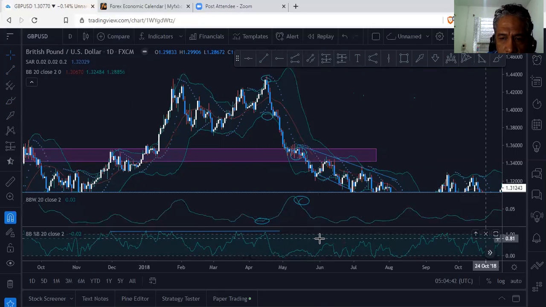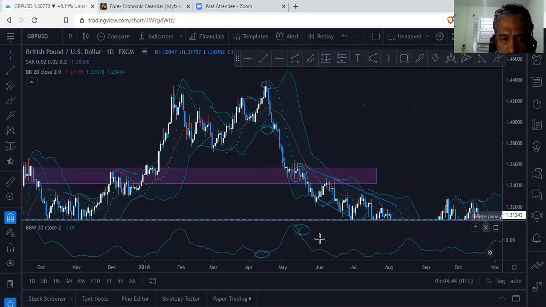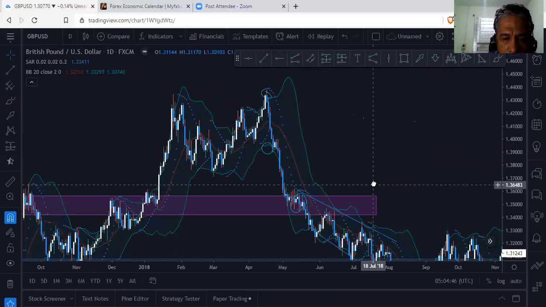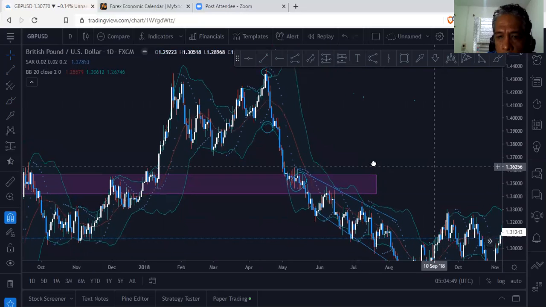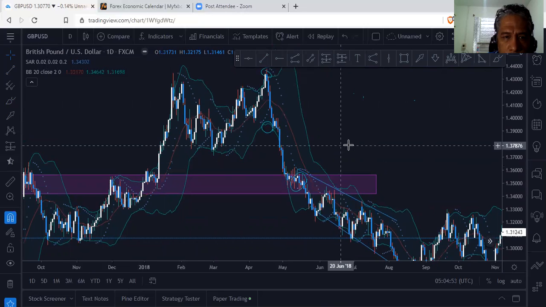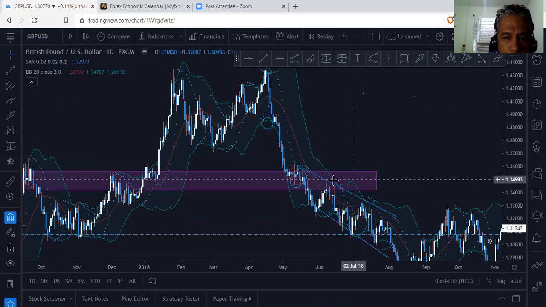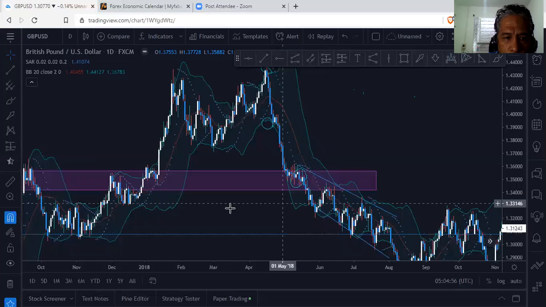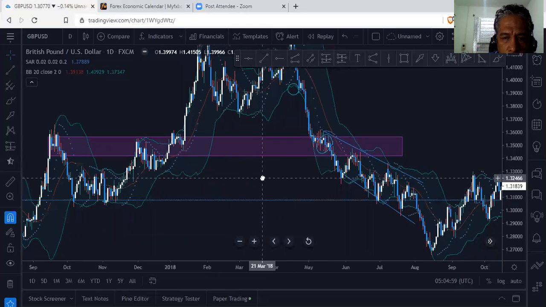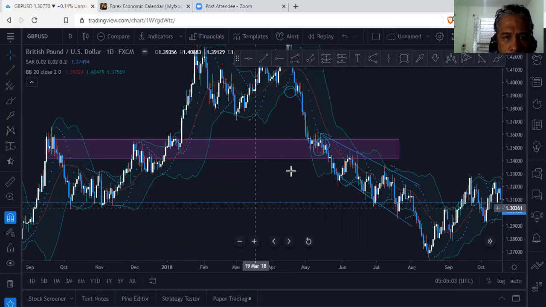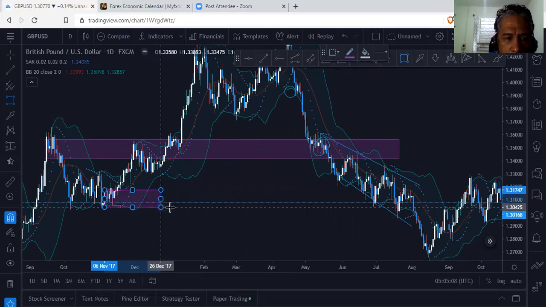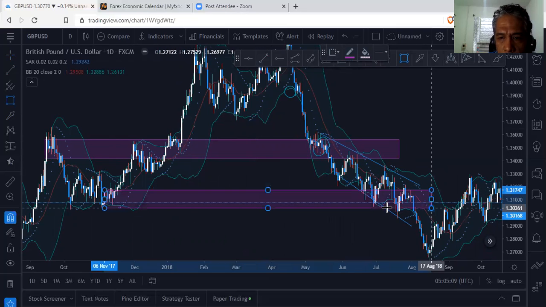All right, so let's remove our Bollinger Bandwidth so that we can see clearly the market as it moves down. So in this location, we can see it here. This is a zone from here going there.